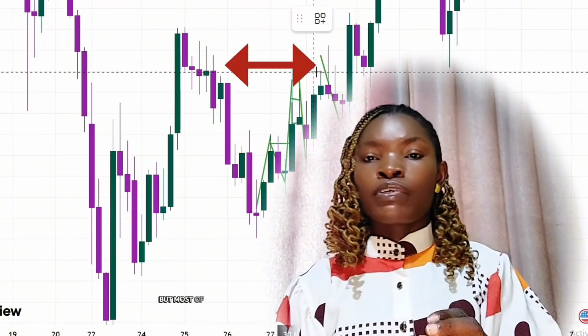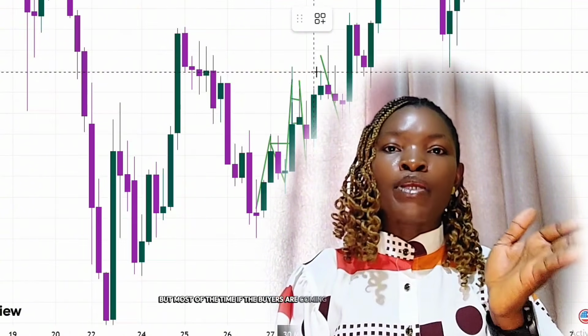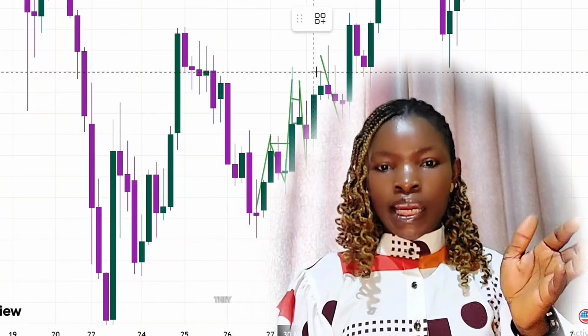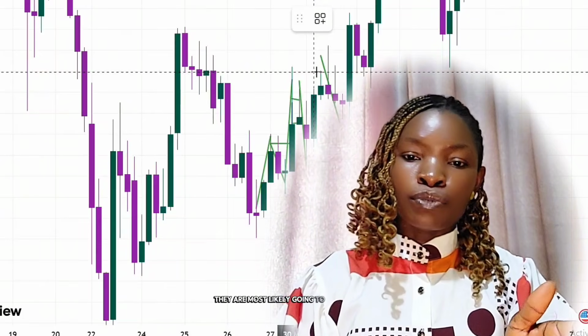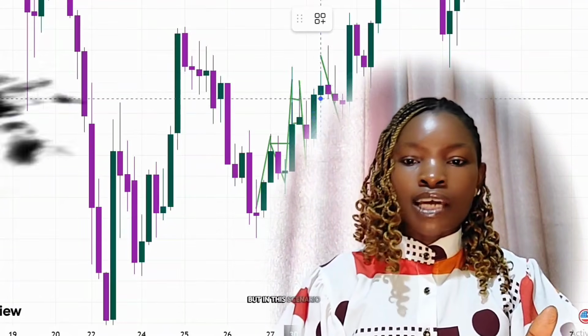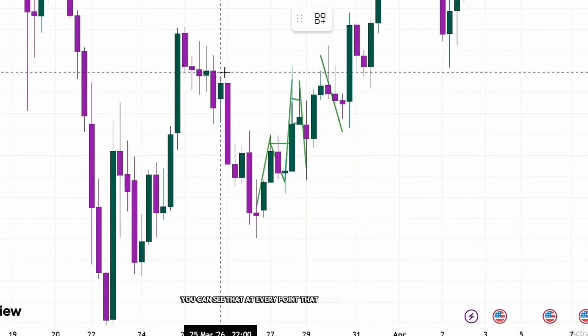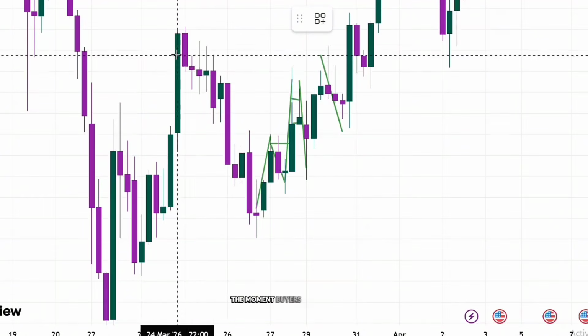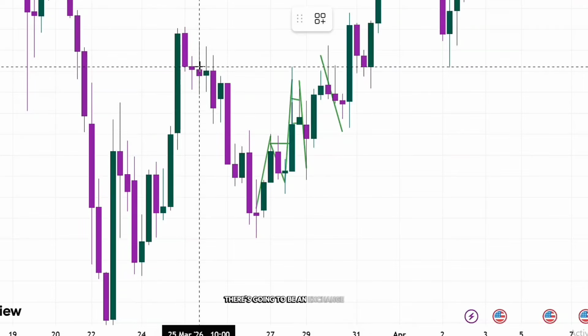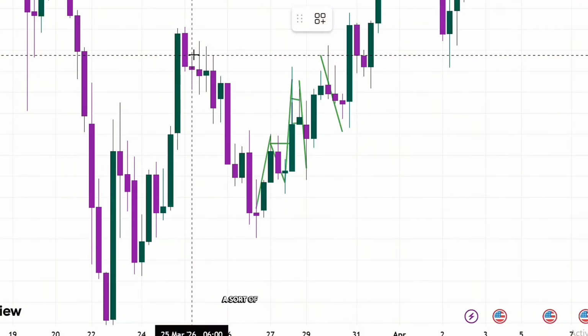But most of the time, if the buyers are coming with massive pressure, they are most likely going to push up. But in this scenario, you can see that at every point that sellers are sitting, the moment buyers get there, there's going to be an exchange, a sort of challenge.